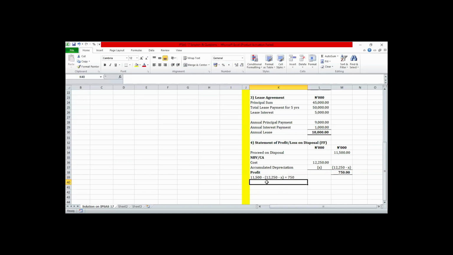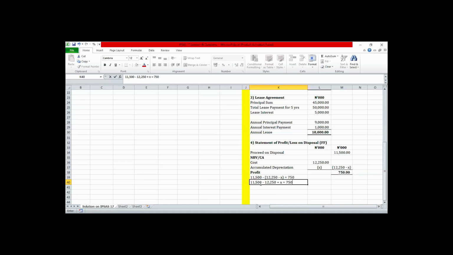But in the bracket, you have 11,500 minus 12,250 plus X. That's minus times minus, which gives plus, equals 750. Is it cleared up?